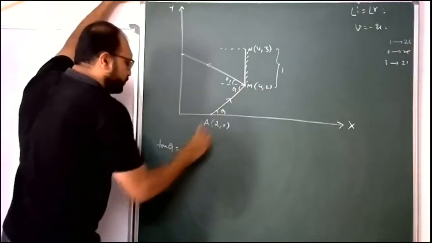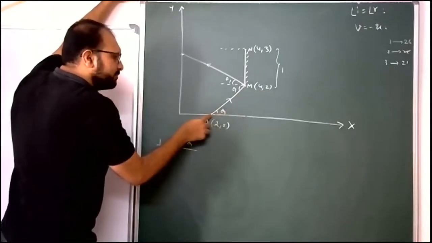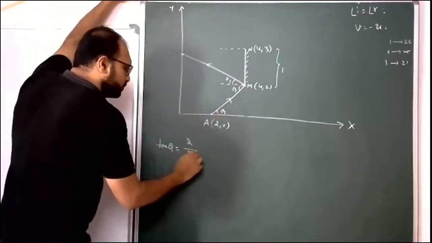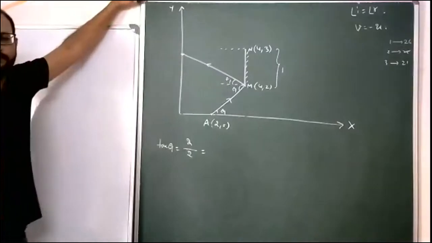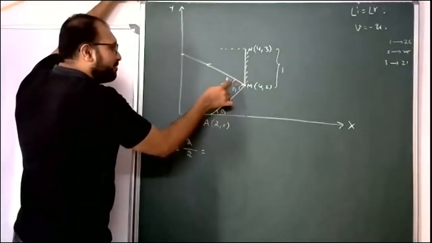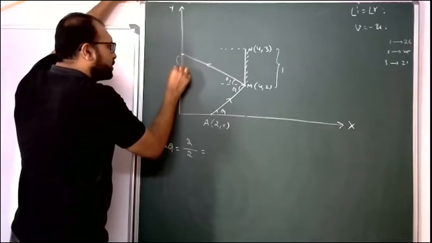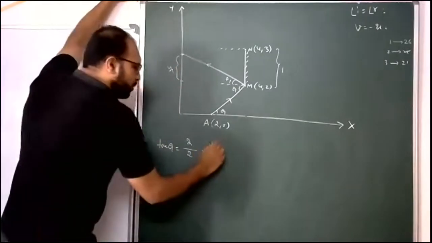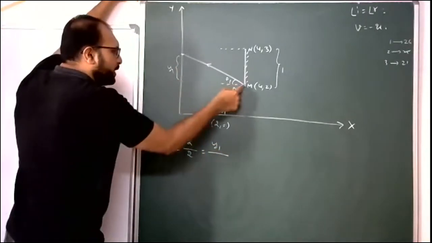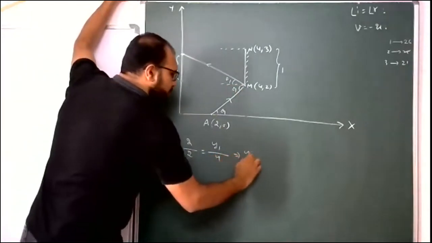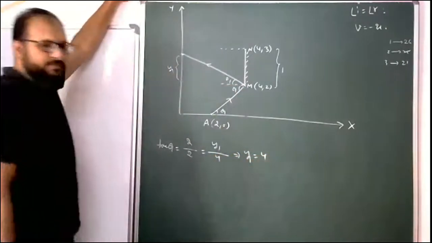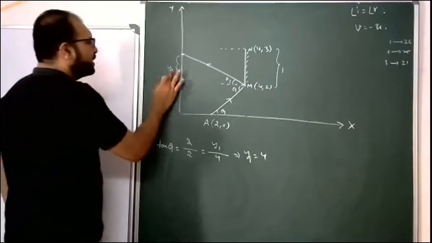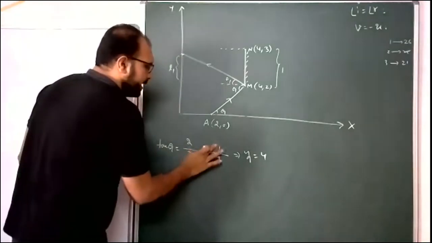Opposite is already given as 2. Adjacent from here to here is also 2, because here to here is 4 and here to here 2 is over, so 2. So that is 1. In the same way, tan theta 1 equals y1 divided by here to here, total 4. Students, y1 equals 4. But y1 means not from the origin, only this length. Otherwise you take this as L1.